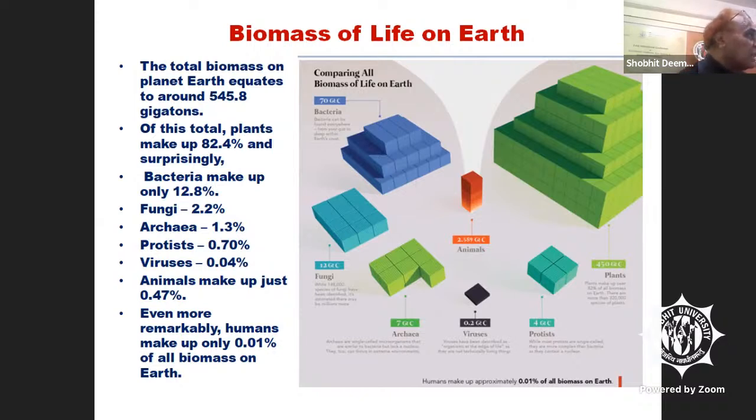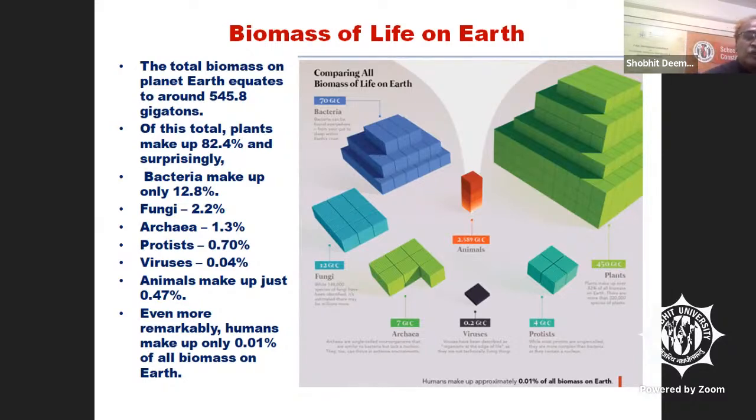This is the problem of e-waste. This is the problem of disposal of waste. And this is the problem of the microbial diversity which is being lost. Now you see that biomass is 82.4%. If you increase it to 90%, 95%, then where will the other species go? You are creating imbalance in nature.